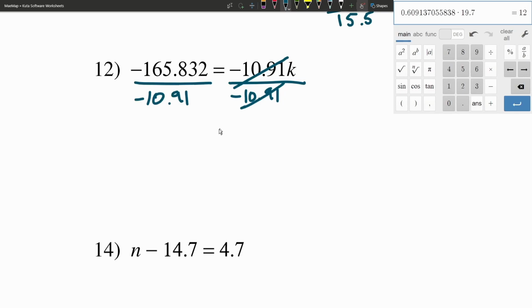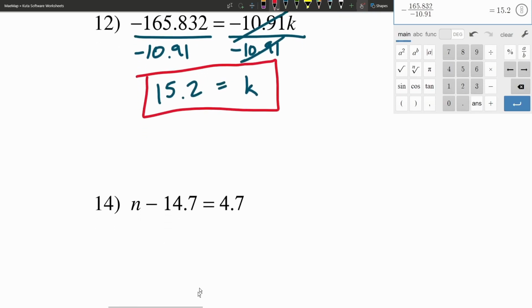When we do that, on the right-hand side, we'll have 1 times k, which is just k, and on our left-hand side, typing that into our handy-dandy calculator, we're going to get negative 165.832 divided by a negative 10.91. Negative over negative is just a positive, and that's going to be positive 15.2. So 15.2 is going to be equal to k.